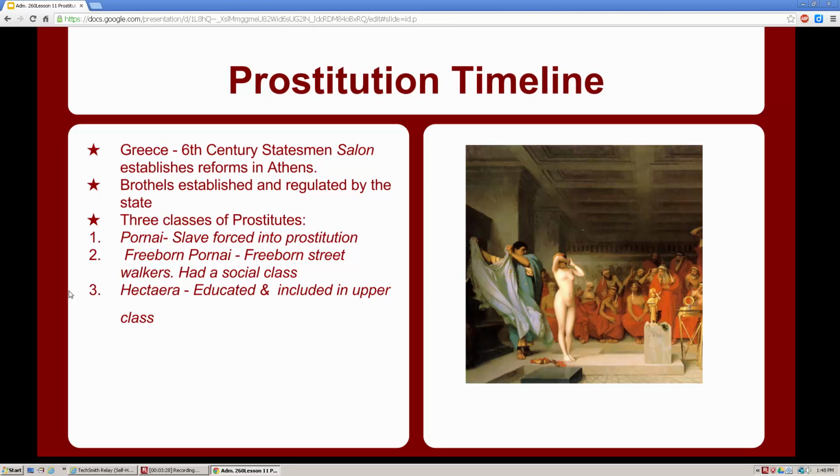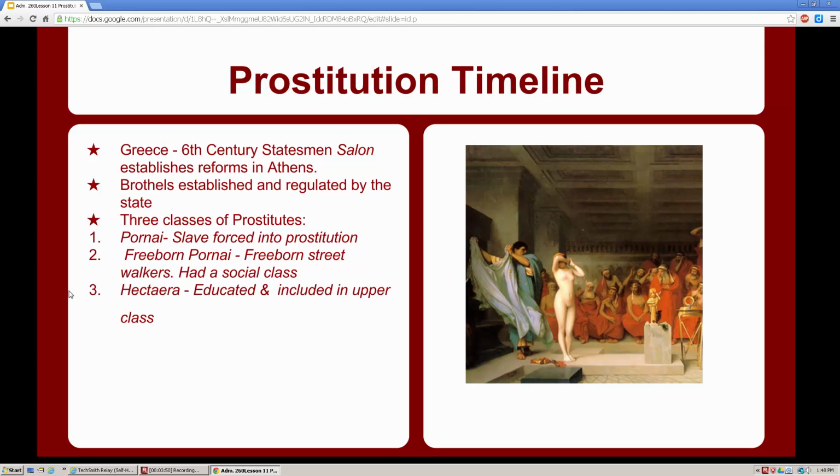What he did is he instituted the regulation of brothels that were established. And in Greece at this time, you had 3 types of prostitutes. The pornai, which is kind of an offshoot if you look at it for pornography. But the pornai consisted of 2 different types of prostitutes.